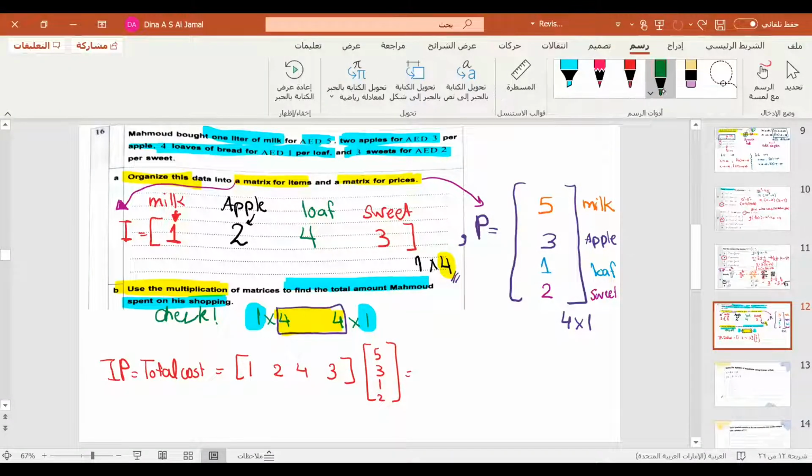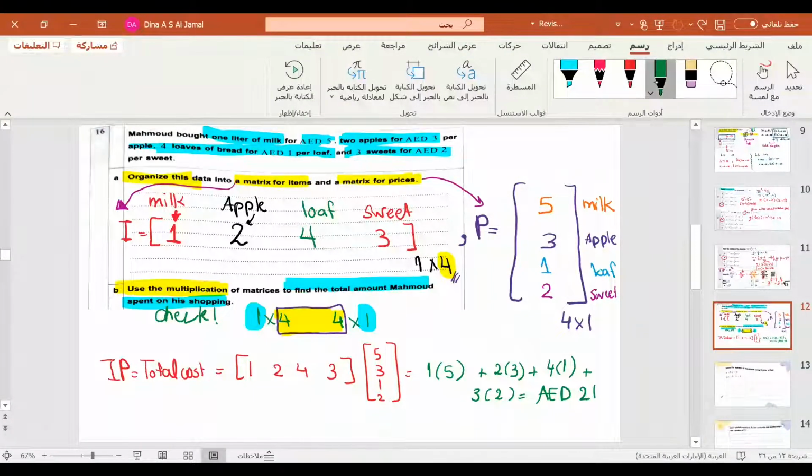And this will be equal to 1 multiplied by 5 plus 2 multiplied by 3 plus 4 multiplied by 1 plus 3 multiplied by 2. That means he will be paying 21 dirhams at the end.